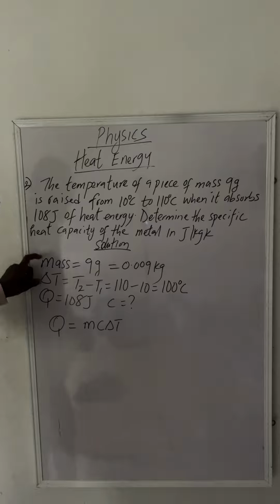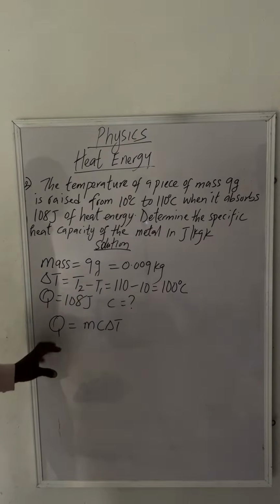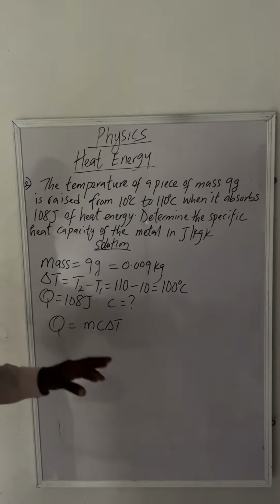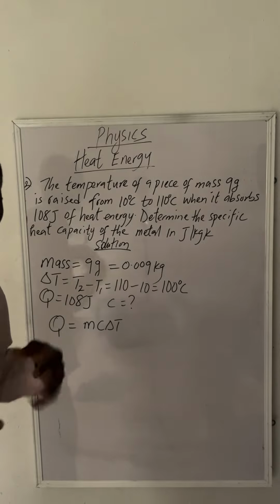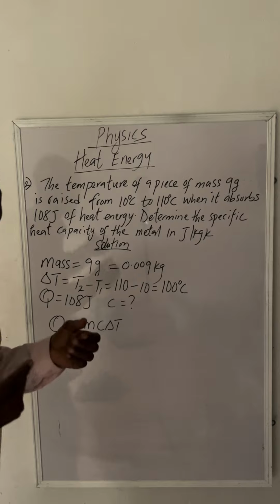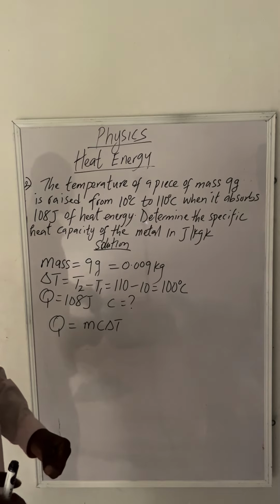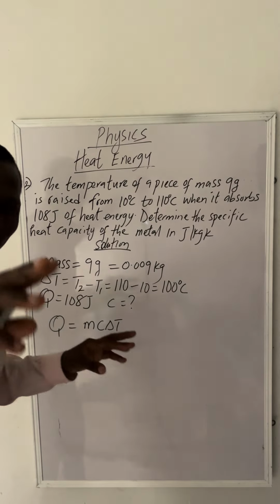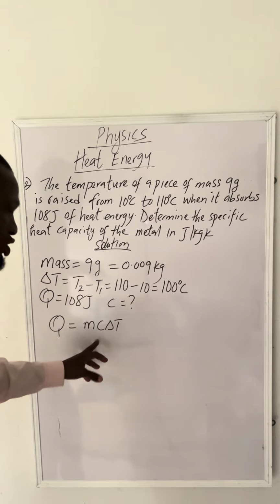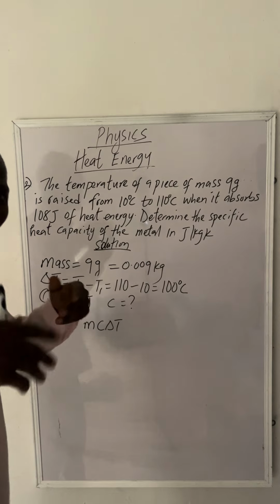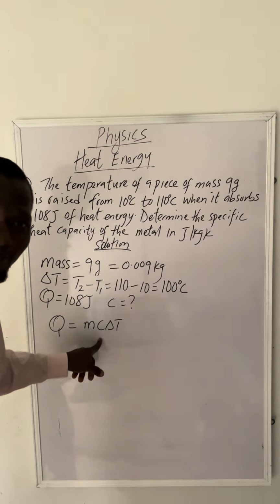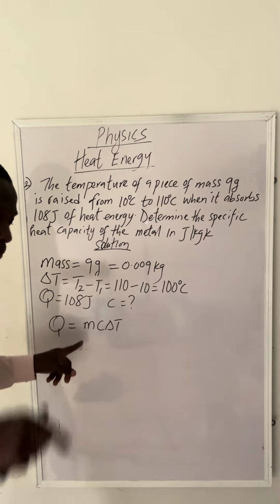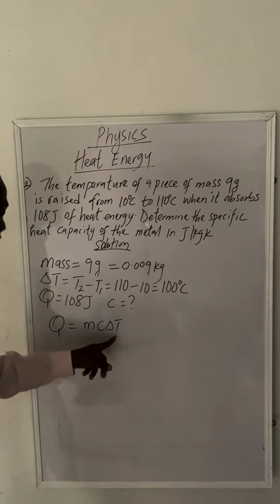It's either you substitute each of these into the formula, or you make the C that you are looking for the subject of the formula, meaning that you make your C stand alone. So now, let us try to make the C the subject of the formula so you understand what we mean by that. So since we are looking for C, which is the specific heat capacity, what is disturbing C is M and delta T.